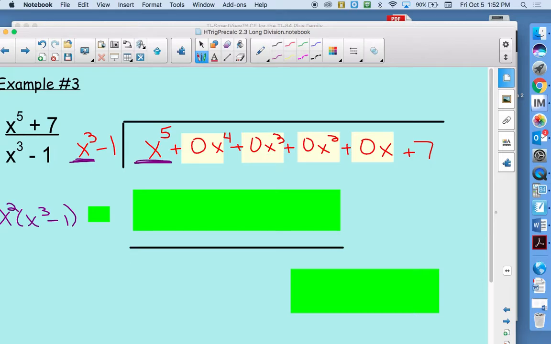There you go, it's just x squared. So we're going to place an x squared on top of the x squared. Big lag time here. And then make sure you're distributing x squared by x cubed, and then x squared times negative 1.